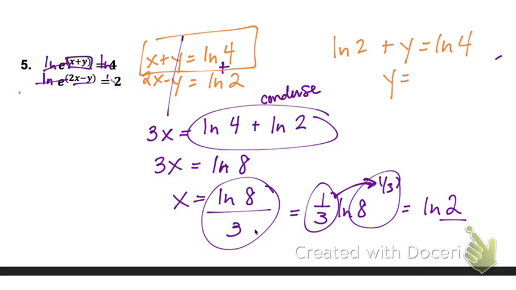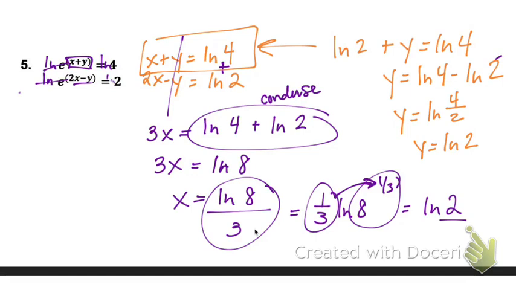So y equals ln 4 minus ln 2. How do I condense it if there's a minus sign? Divide. Y equals ln of 4 over 2, y equals ln 2. So my final answer would be ln 2, ln 2.